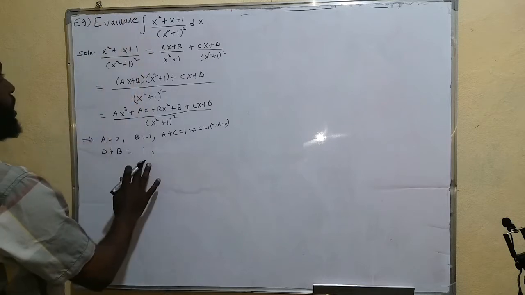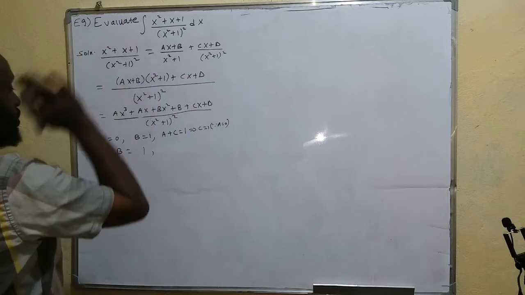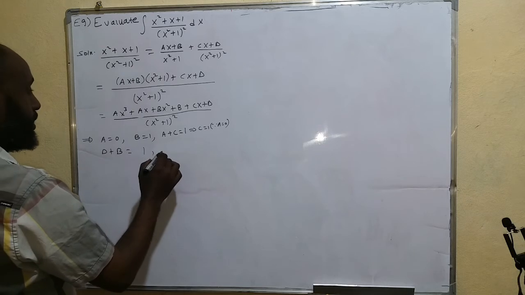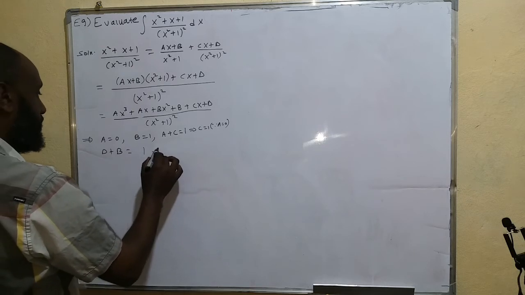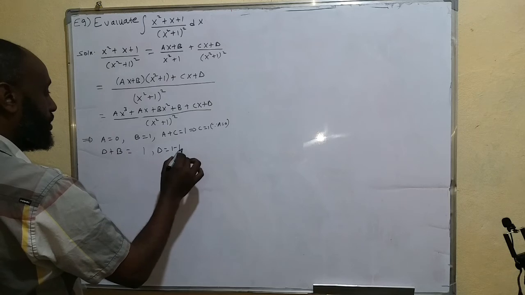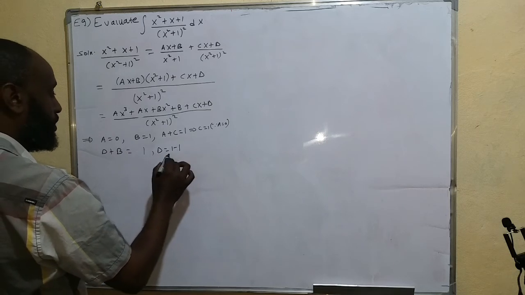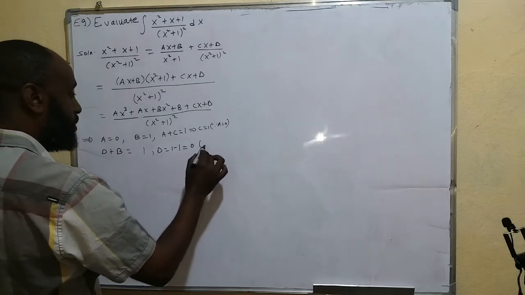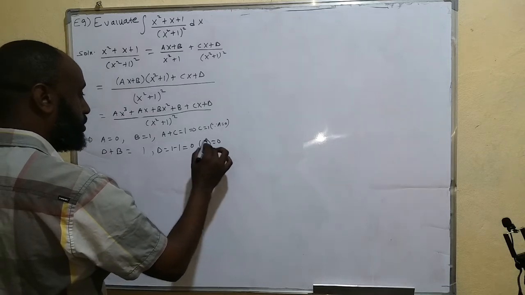D plus b is equal to 1. So the value of b is 1, means d equals 1 minus 1, therefore this is nothing but 0. Therefore, the value of d is 0.